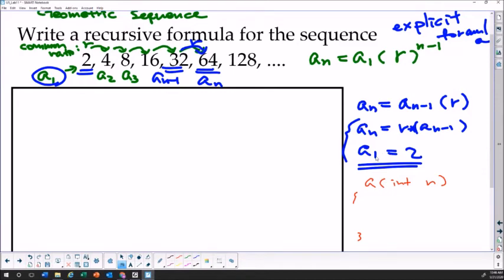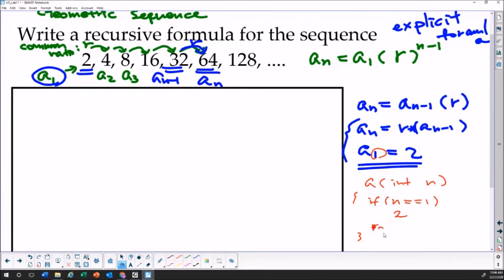First, if n is 1, I'm going to return 2. The other case uses the common ratio, and in this case the common ratio is 2.